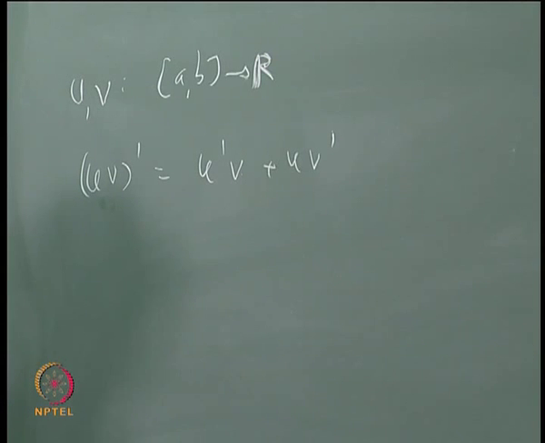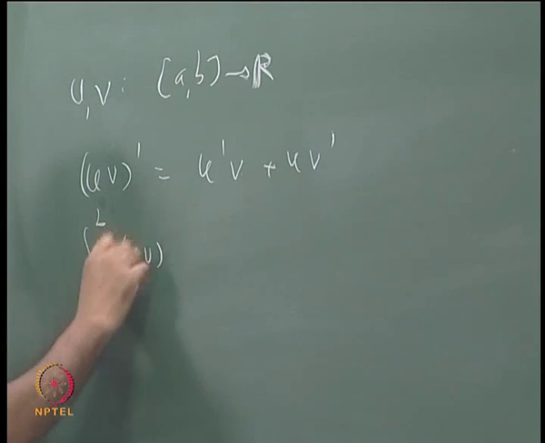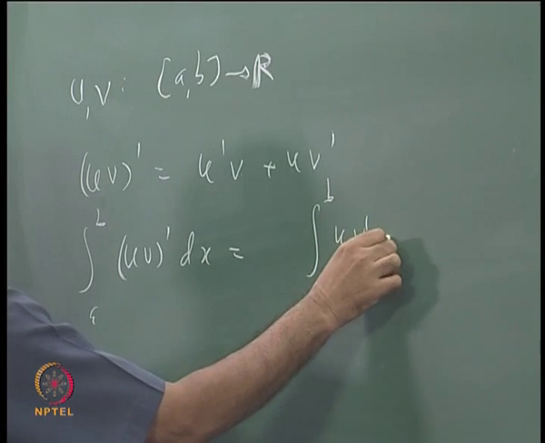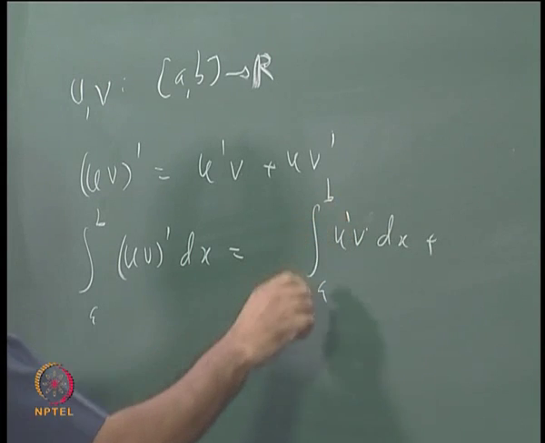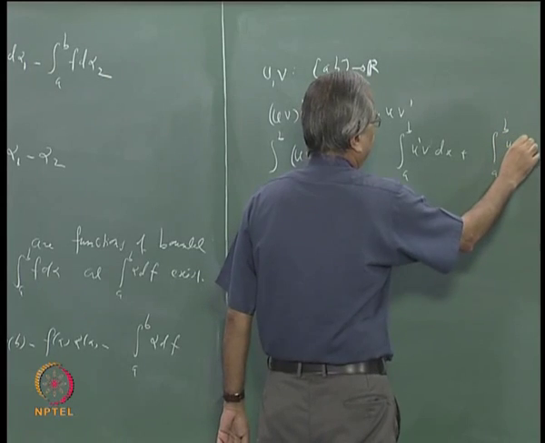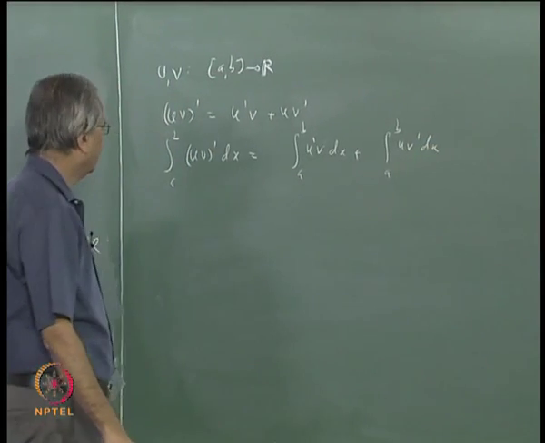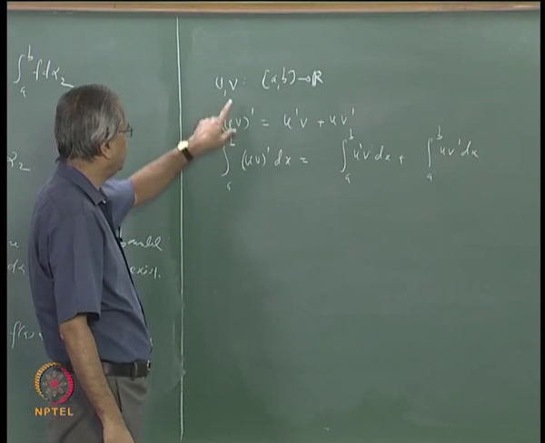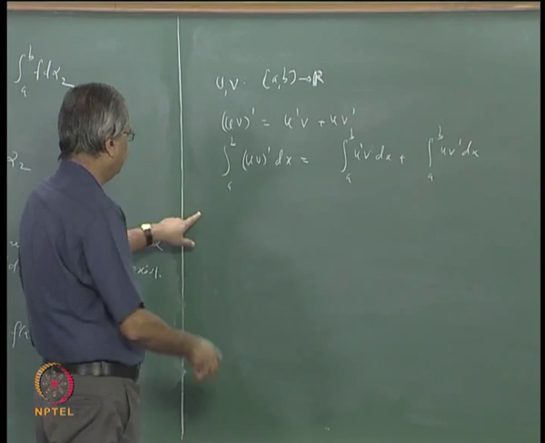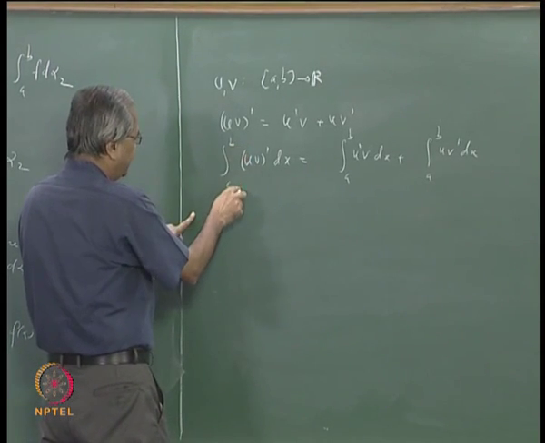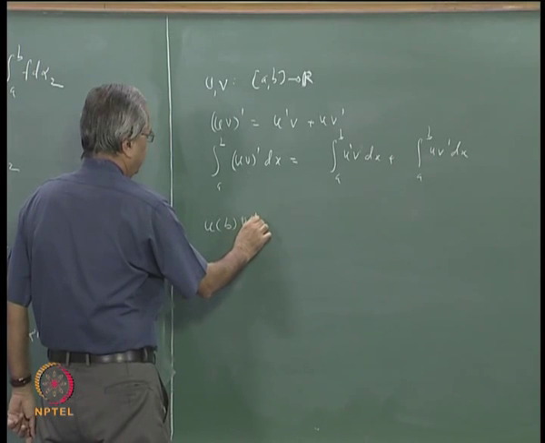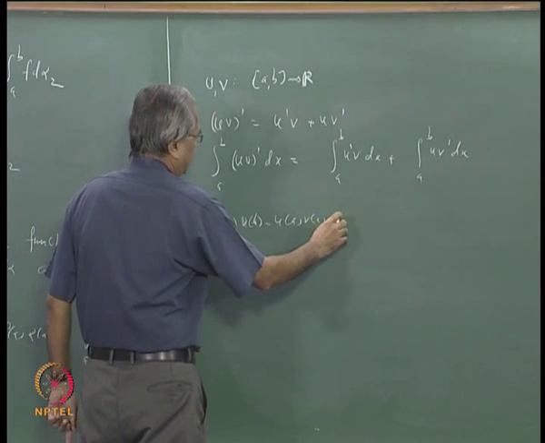One can get integral a to b u prime v dx plus integral a to b u v prime dx, and by the fundamental theorem of calculus, since its antiderivative is u into v, this becomes uv evaluated between b and a, that is ub into vb minus ua into va.